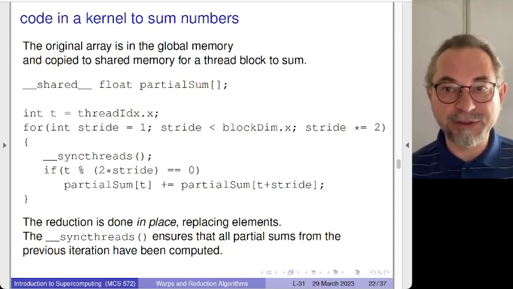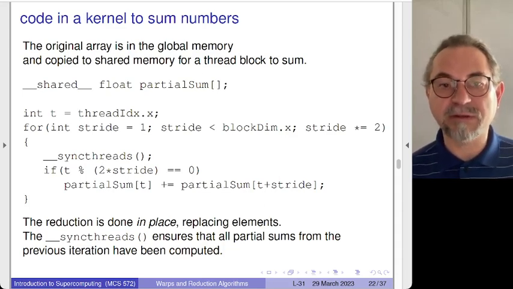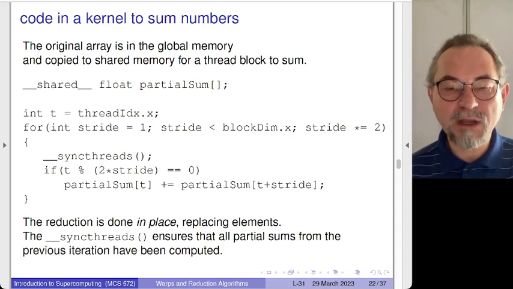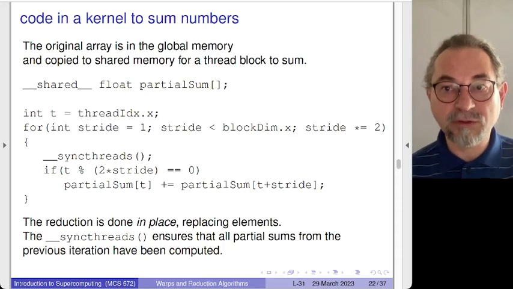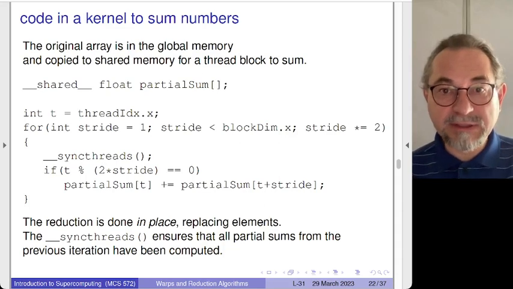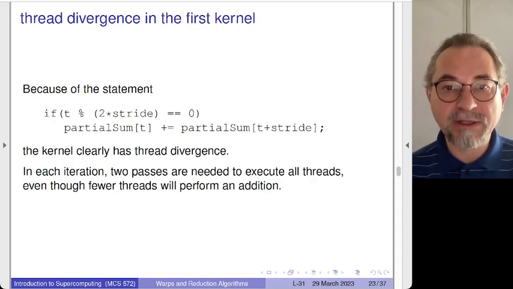So this is not the prefix sum that we considered before. So you have this thread divergence. When the stride equals 2, then only those threads where their index is a multiple of 4 participate, they do the sum. Okay, so this is a correct way of summing, but there's a lot of thread divergence.